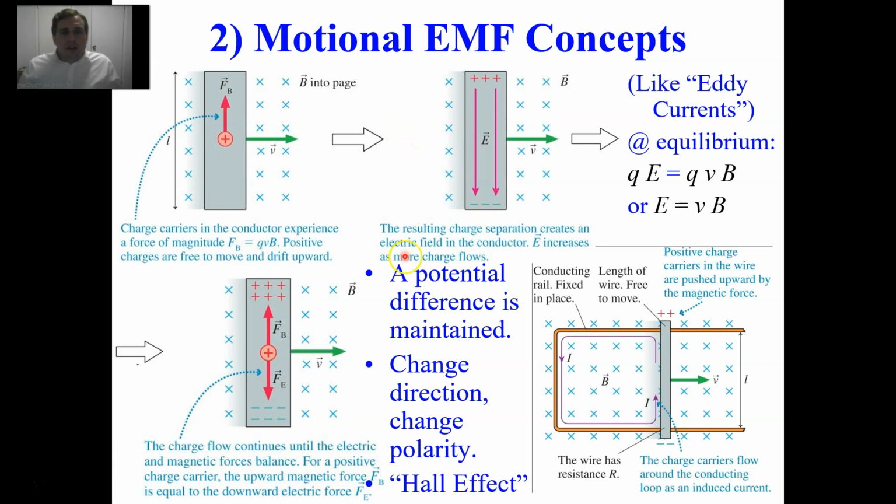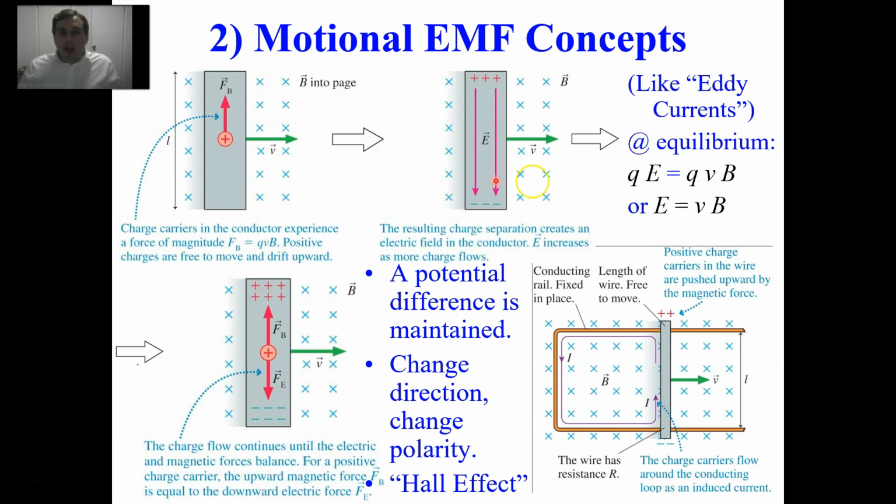Okay? So the resulting charge separation creates an electric field in the conductor. E vector increases as more charge flows. So the faster you pull this, or the stronger the magnetic field, the more charge separation. Notice that these are going to be like what we often call eddy currents when they're at equilibrium.